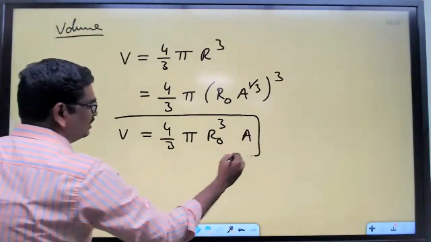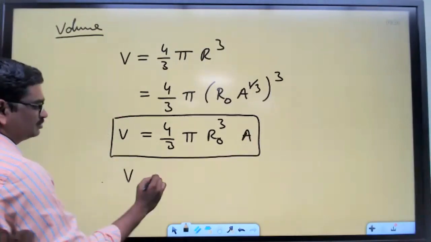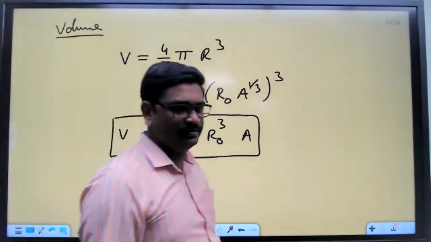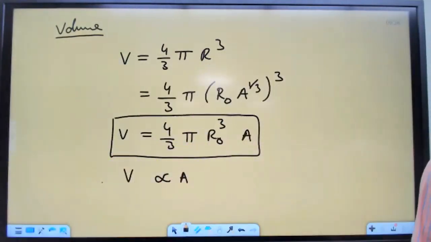Now from this, volume is directly proportional to mass number A. Write this down: nuclear volume.